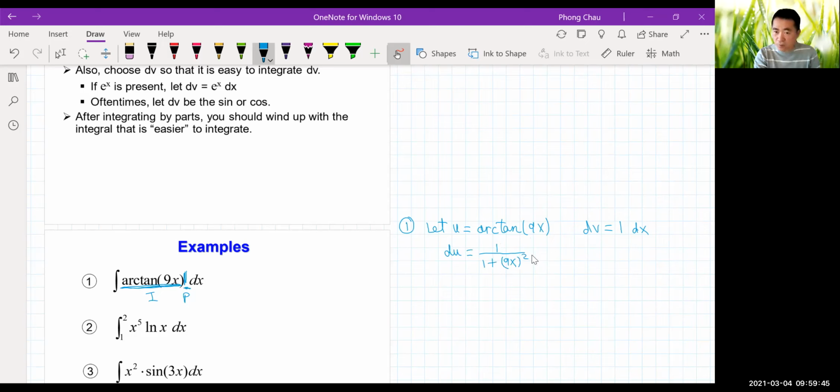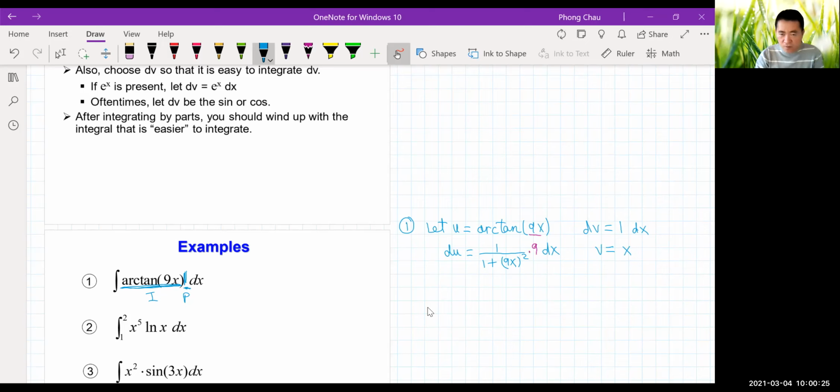Now, due to the chain rule, don't forget that you need to multiply by the derivative of the inner function. The derivative of 9x is 9, so do not forget the 9 there. For dv, you need to find the antiderivative. The antiderivative of 1 is x, right? The derivative of x is 1.